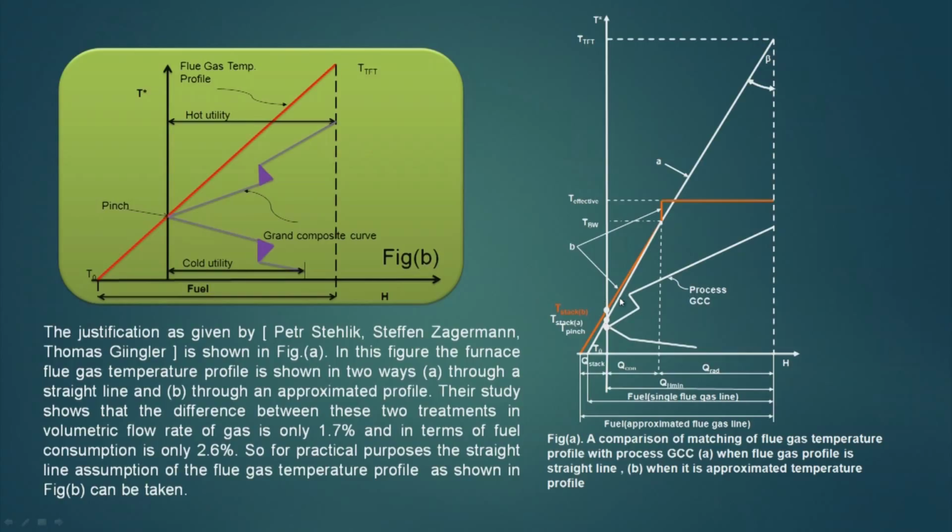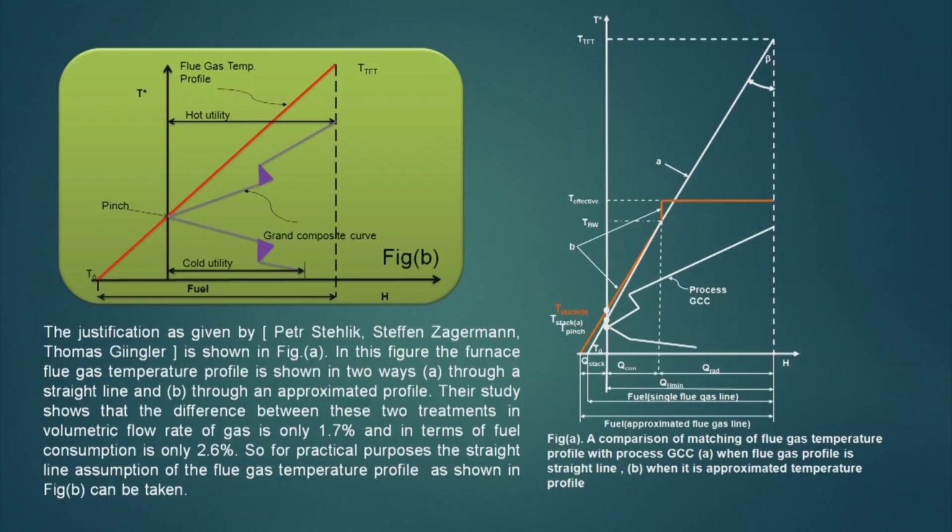Now, this is the process GCC, and here there is the temperature T stack, this point, and this is the pinch point. So, this line can move up to the pinch point. It cannot go below the pinch point, but it can move up to the pinch point.